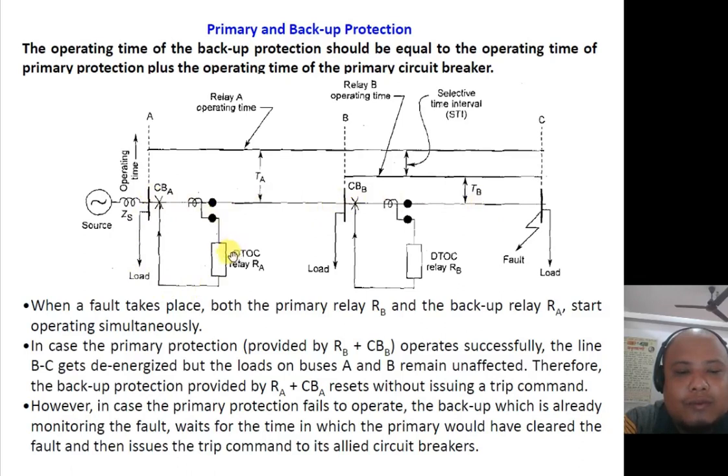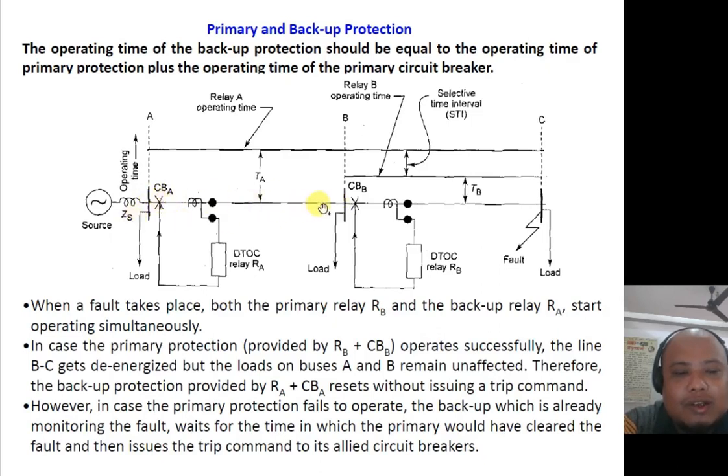It will wait for some time. How much time? That time is equal to operating time of this relay plus operating time of this circuit breaker. Until that time has elapsed, it will wait, and after that time, if current is still abnormally high as fault current, then at that moment it will send a trip command to its associated circuit breaker, and the circuit breaker contacts will open and this line section will be disconnected.